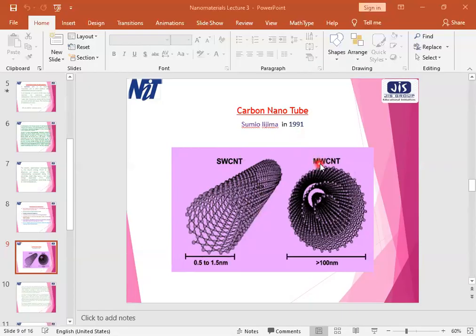And this is a multi-walled carbon nanotube. That means different walls are there. You see, this is one wall, this is another wall, this is another wall, multi-walled carbon nanotube. In spite of that, its dimension cannot increase beyond 100 nanometer, because it is to be in the nano range.